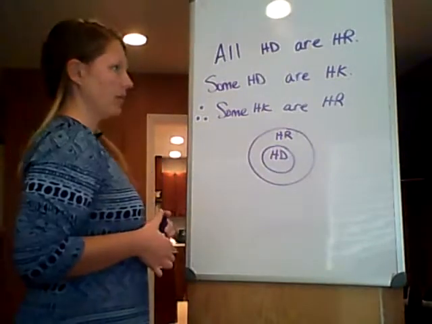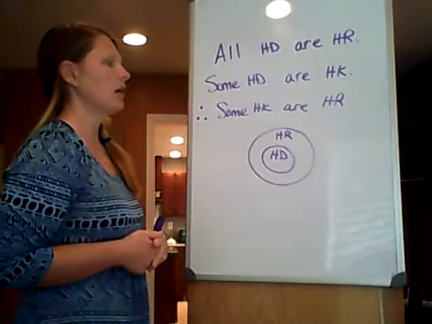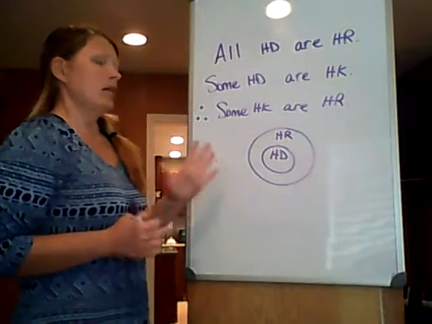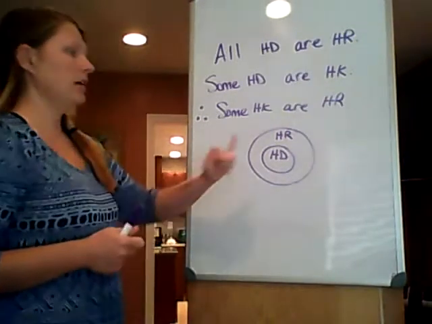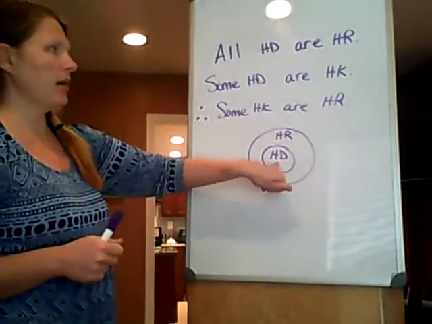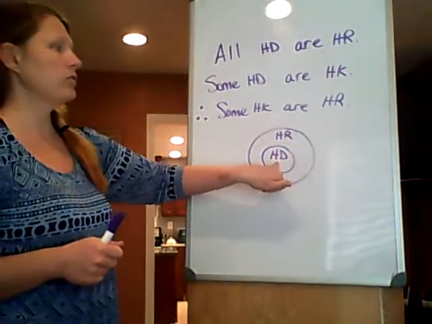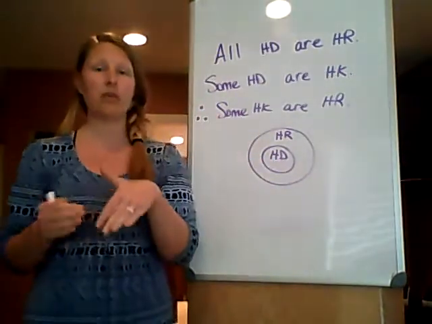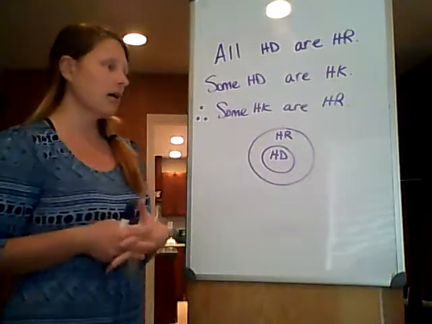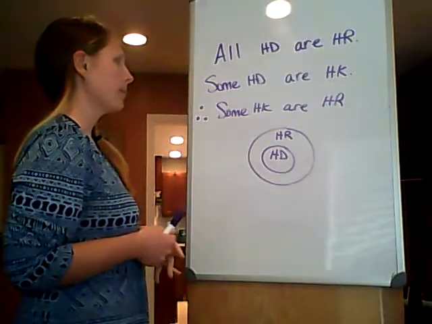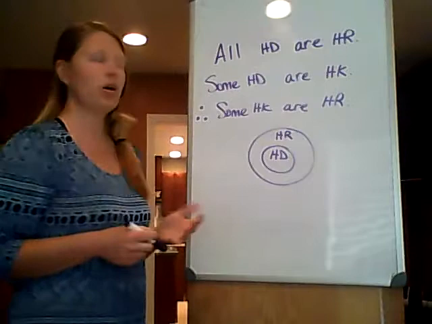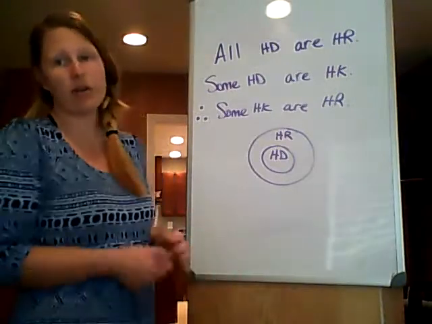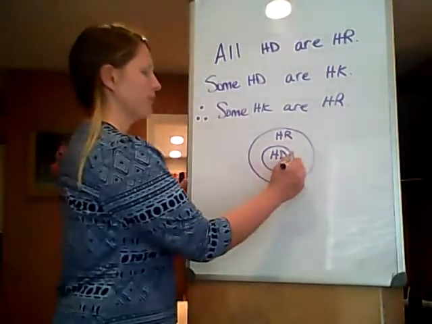Now, my second premise says that some historical dates are helpful to know. So I just need at least a part of my historical date category to be intersecting with a helpful to know category. I don't know how big my helpful to know category is, but I'll just draw something and give it a shot.